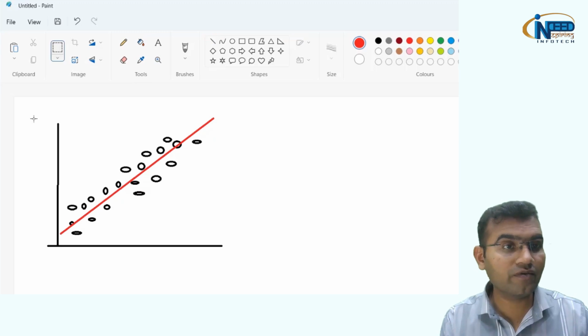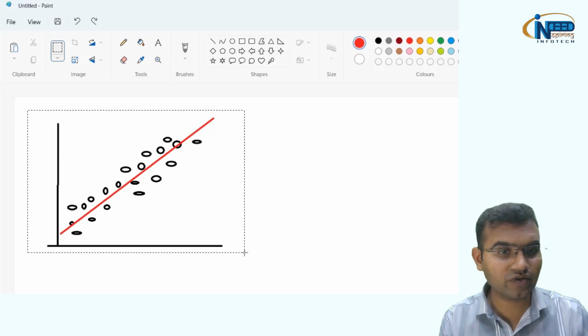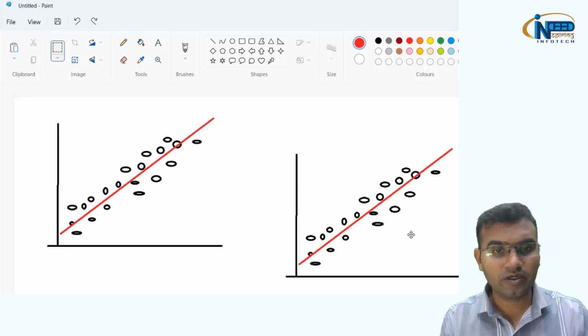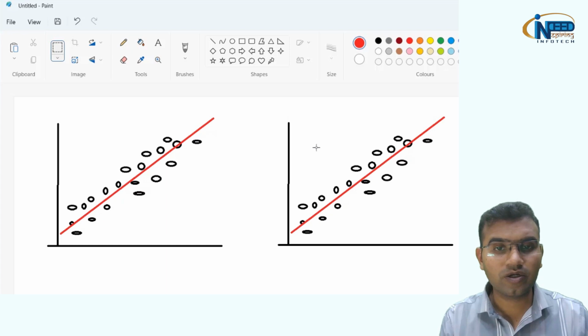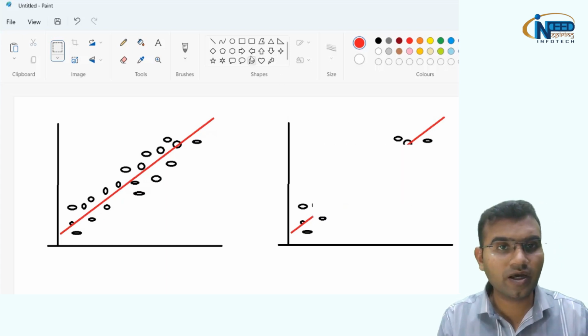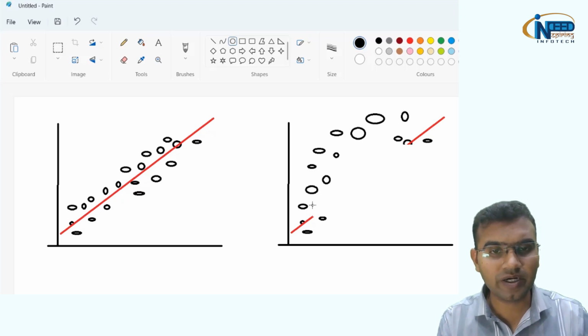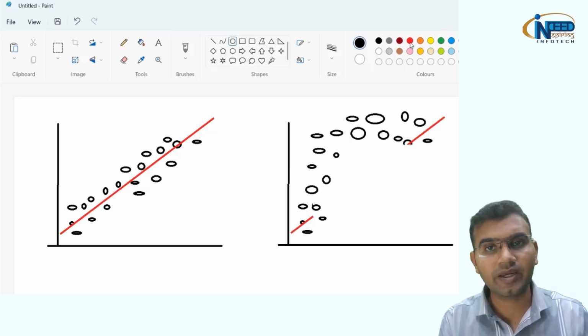But let's say I take a very similar graph, but this one has a little difference: the data points are distributed in a different manner this time.